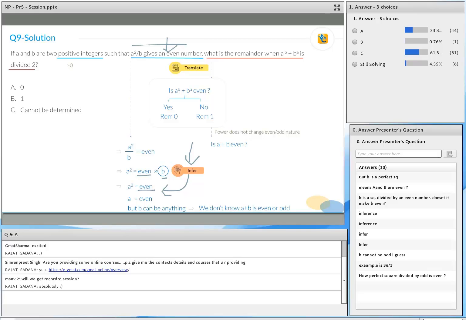Let me take a look at this one. Okay, B cannot be odd. Why is that the case? Why can't B be odd?